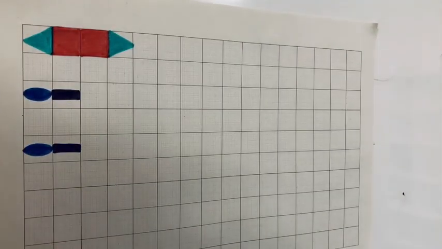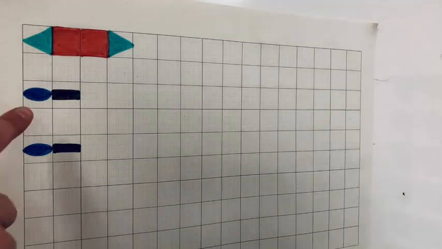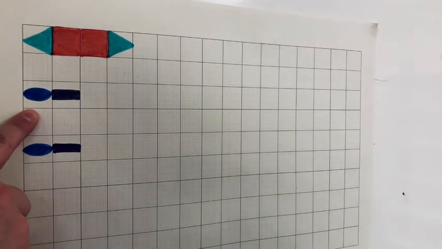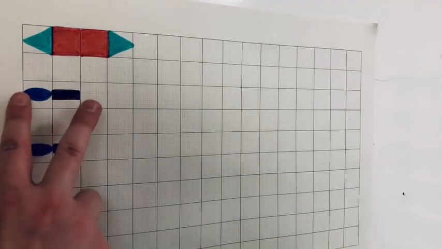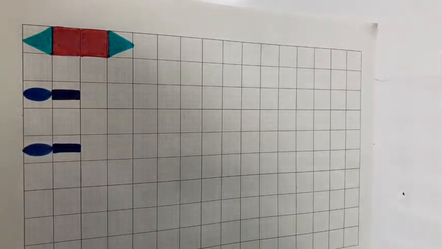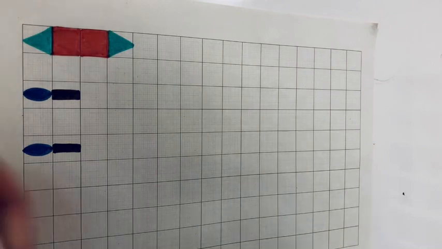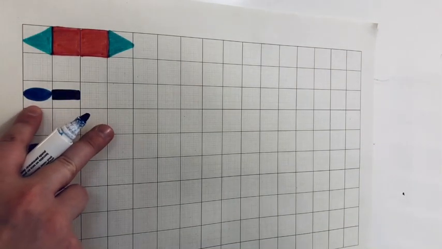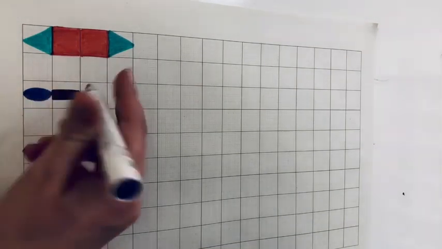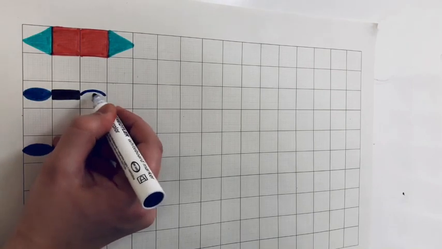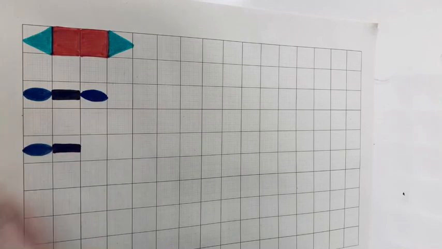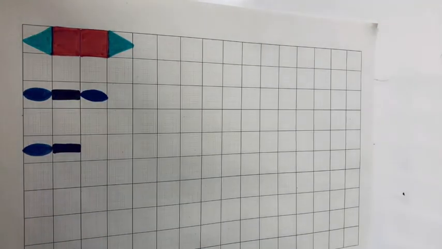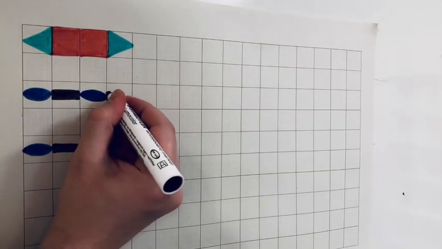So, in our next pattern, we have a blue oval and a black rectangle. We could continue this with a normal row of patterns with a blue oval, a black rectangle, a blue oval, and a black rectangle.